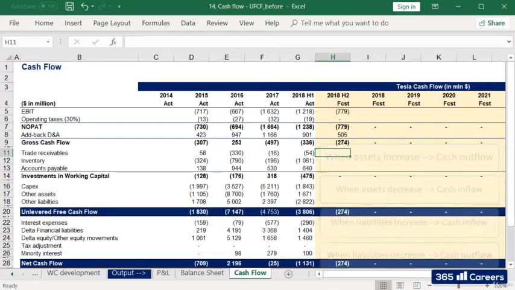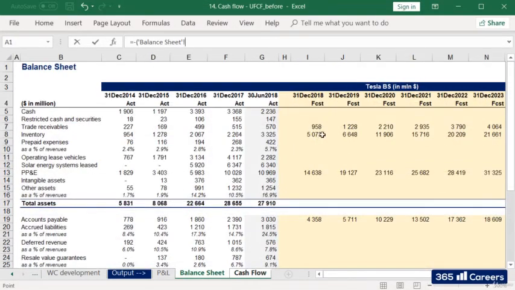Okay, great. Having said that, we are ready to calculate the cash impact of all three working capital items. First off, we have trade receivables. This is an asset, and its increase would mean a negative cash flow. This is why I'll add a minus sign in front of the brackets, and we'll subtract this period's trade receivables minus the trade receivables from the previous period.